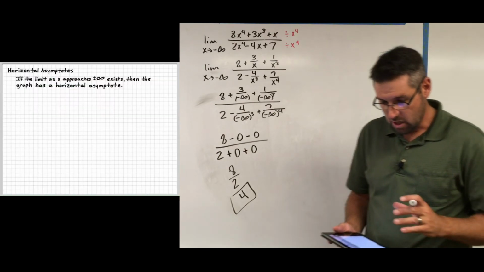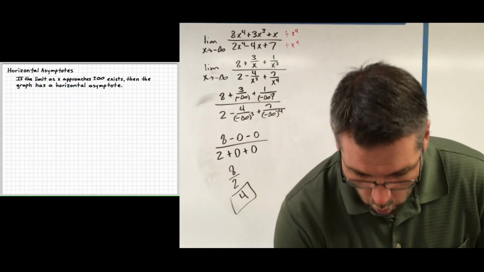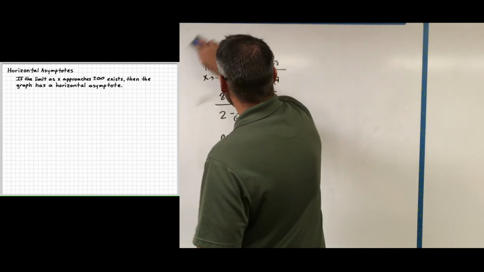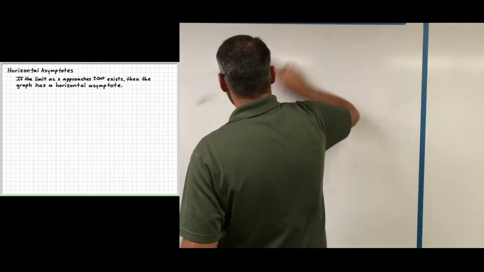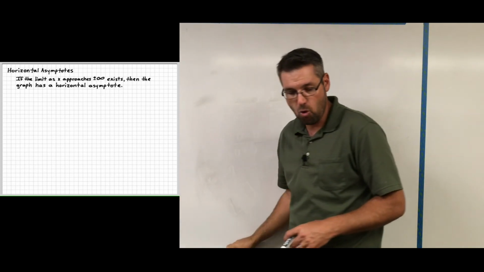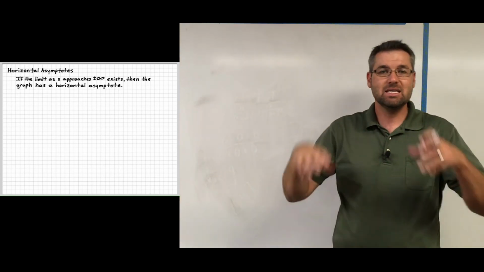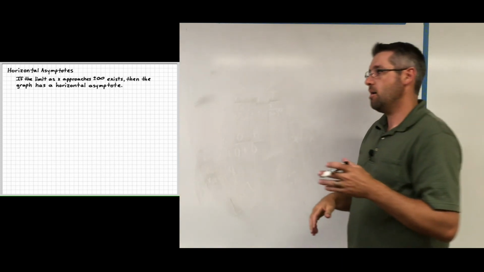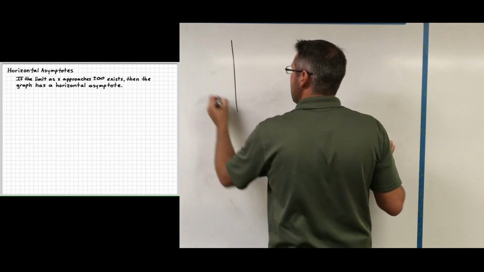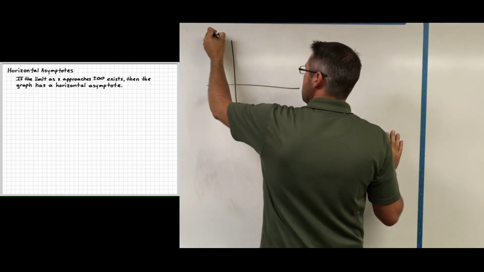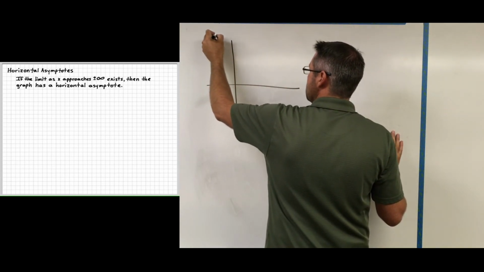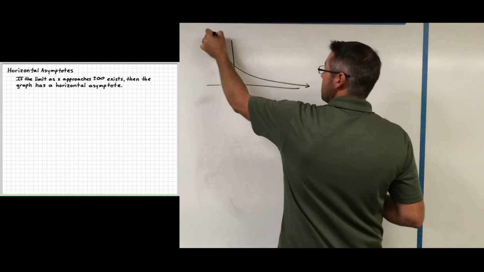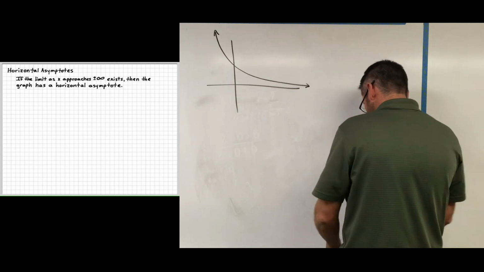All right, let's go ahead and talk about how this applies. What does this matter? Well, I referenced this earlier on in the lesson, that the actual definition of a horizontal asymptote is the limit as x approaches infinity and negative infinity. The idea is this. If I have a function that does something like this, okay? You can see this is kind of an exponential function of some sort.